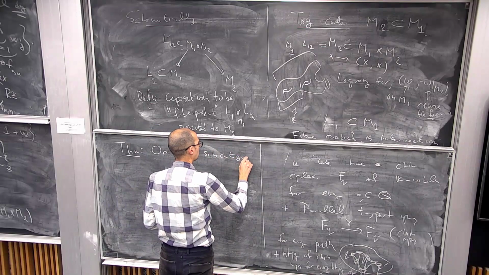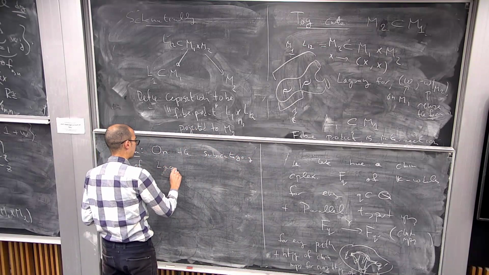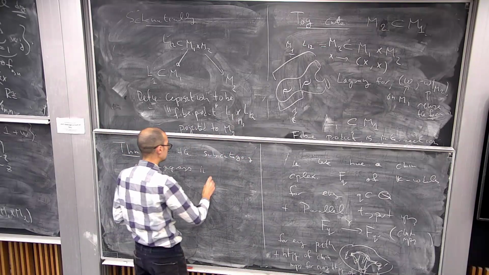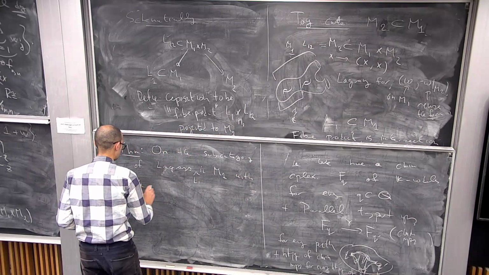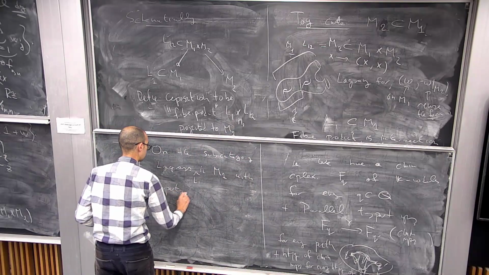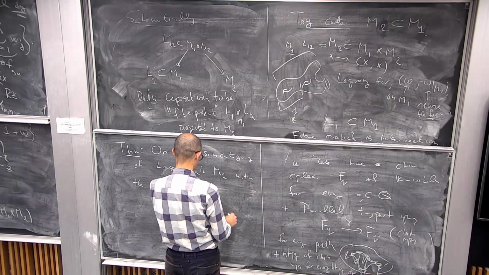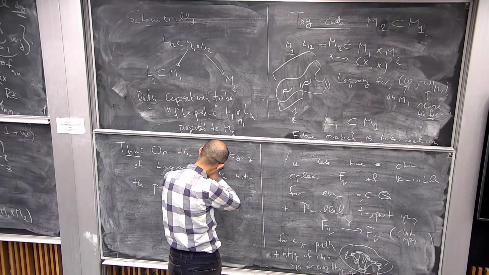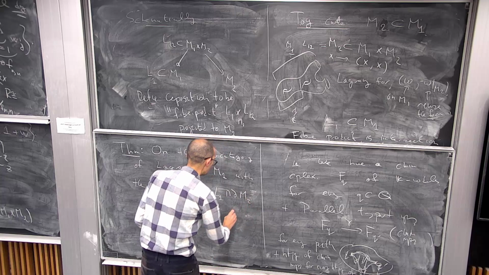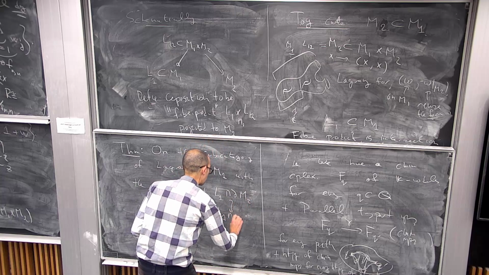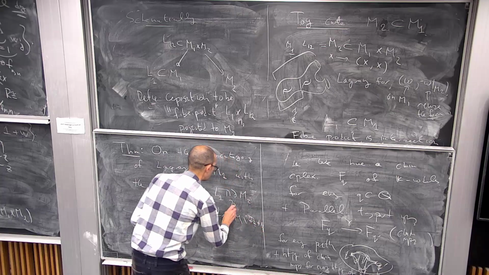Category of Lagrangians L1 in M1, with the property that L1 intersected with the boundary of M2 mapping into L1 intersected with M1 minus M2, the interior of M2, is a homotopy equivalence.